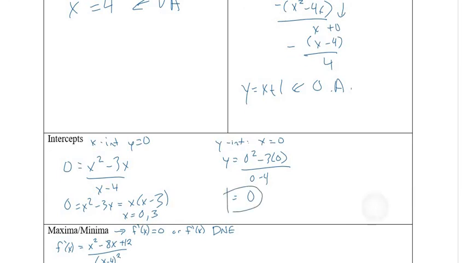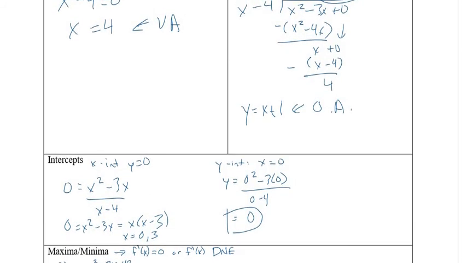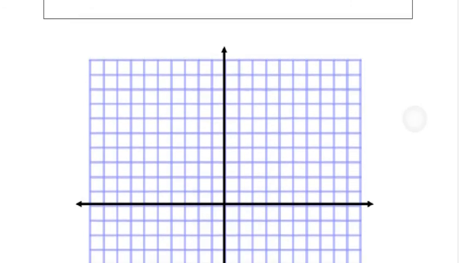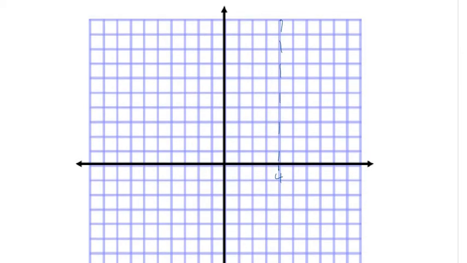So now that we got that, let's just start plotting in our data as we go, just to make it easier this time. So we said we have a vertical asymptote around x equals 4. And I'll skip the big fat marker this time, and I'll just use this. Hopefully it's a bit easier to read.